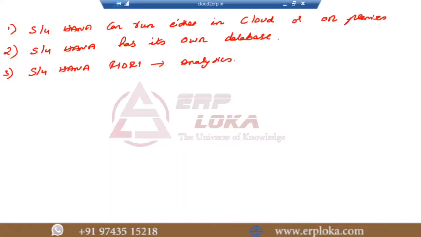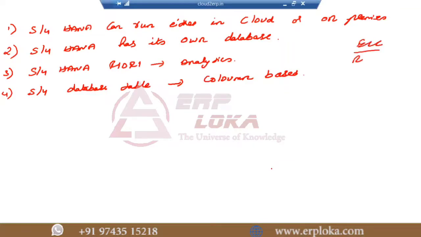Then in S/4HANA, the database table got converted to column based. Before, in ECC, it was row based. So what is row based and column based? Think that you have data.